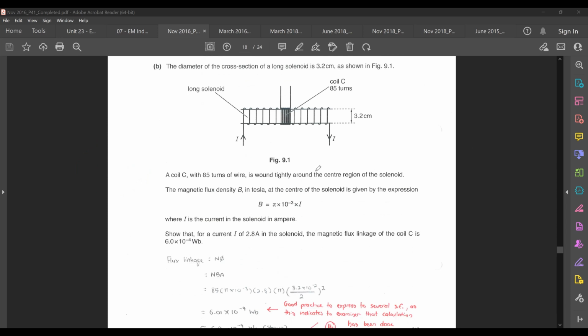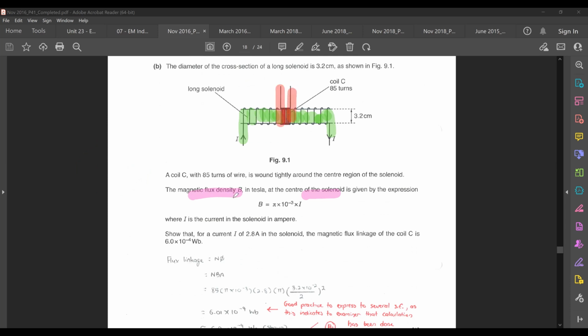So if you look at this question here, they give you this particular equation for the magnetic flux density B at the center of the solenoid. You have two solenoids here actually: this long solenoid here, and then another one that they call coil C here.